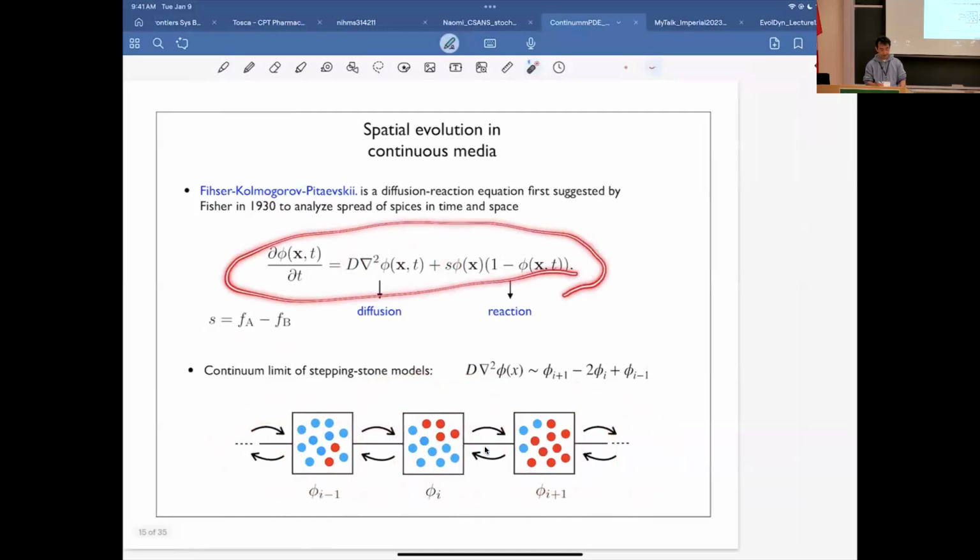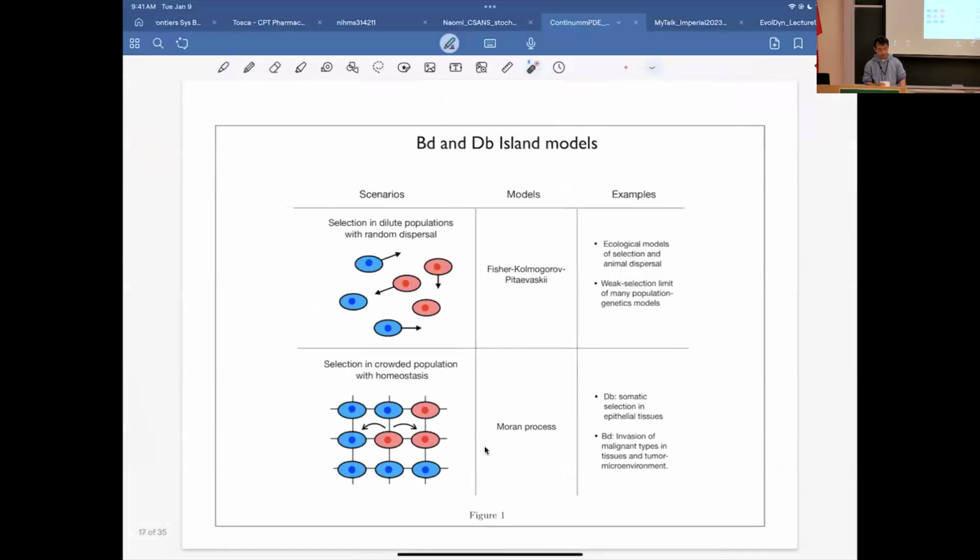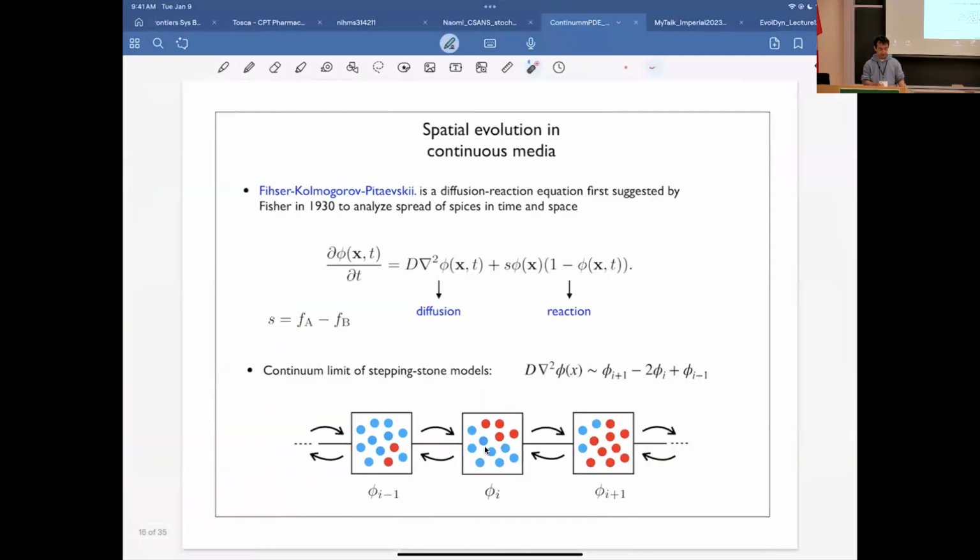This is common when you have some type of dilute population, so you can move around to some extent and proliferate happily, when we can decouple movements from proliferation events. There's a detailed discussion about this, but we can roughly prove that this is an okay approximation for many simple scenarios.